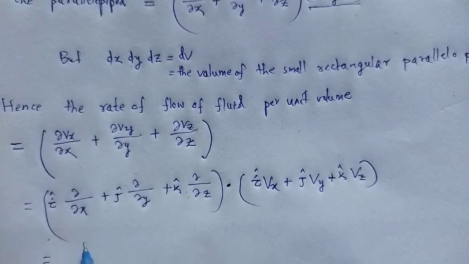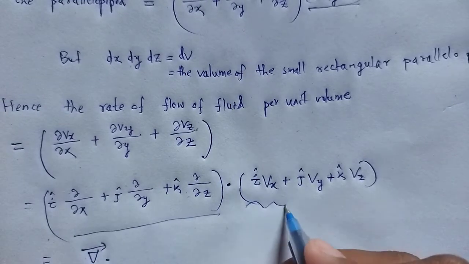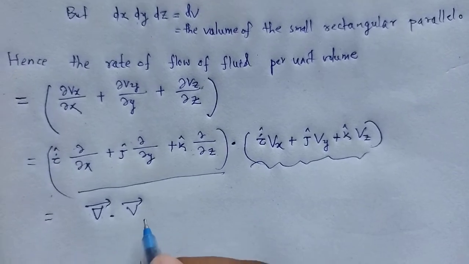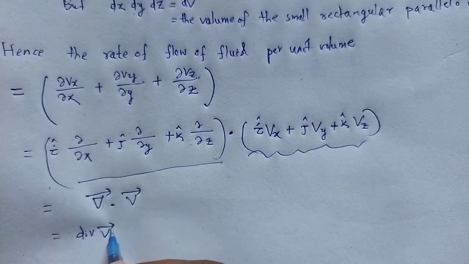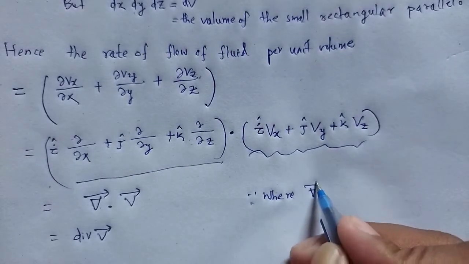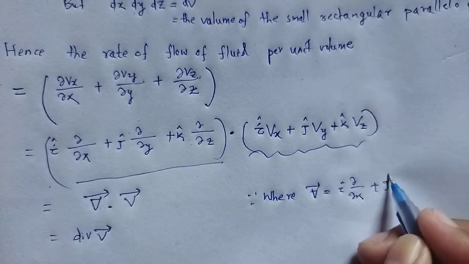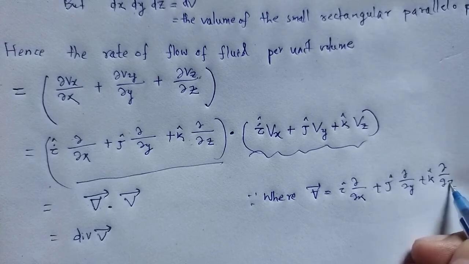This will be written as grad dot V, that is the divergence of V vector, where grad is equal to i cap del by del x, j cap del by del y plus k cap del by del z.